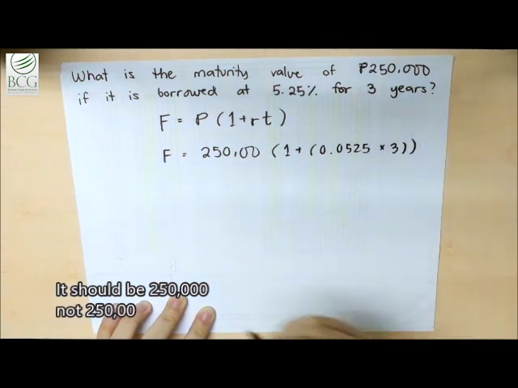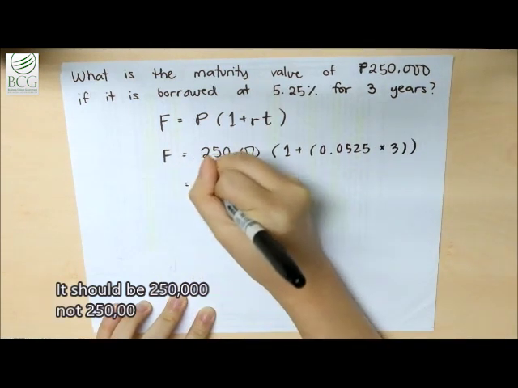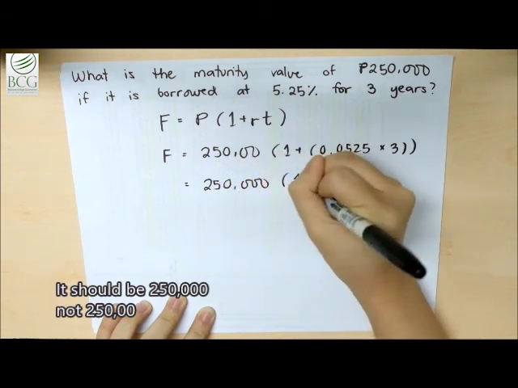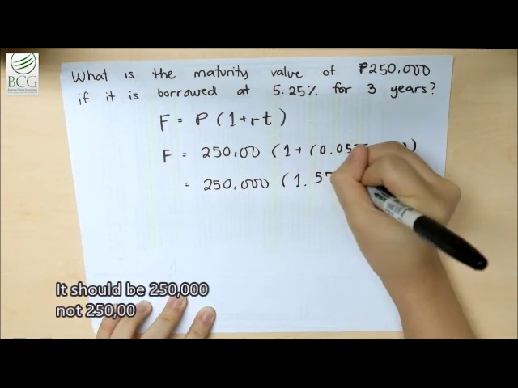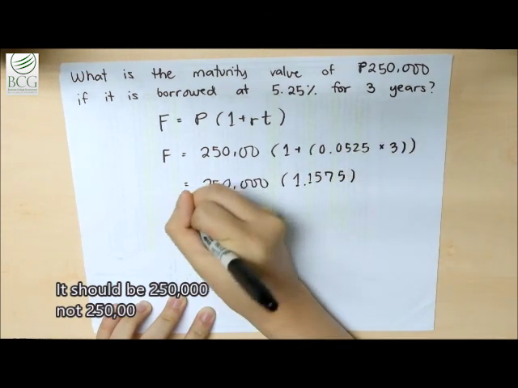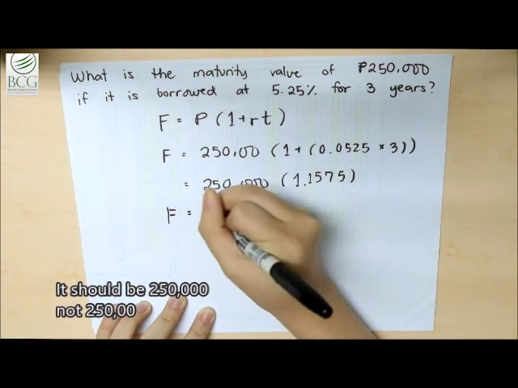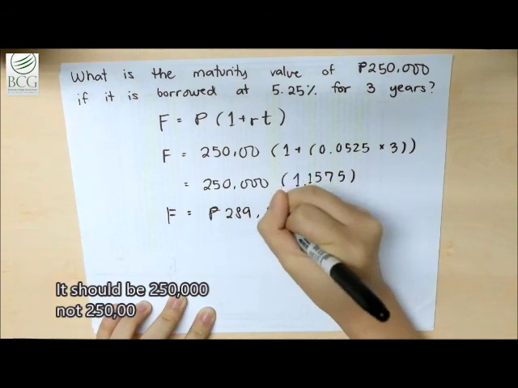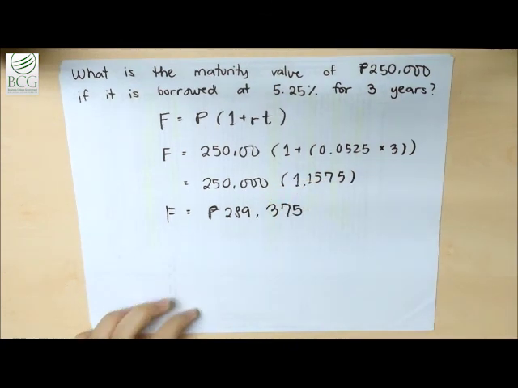From here, we can now solve. So F is equal to 289,375 pesos.